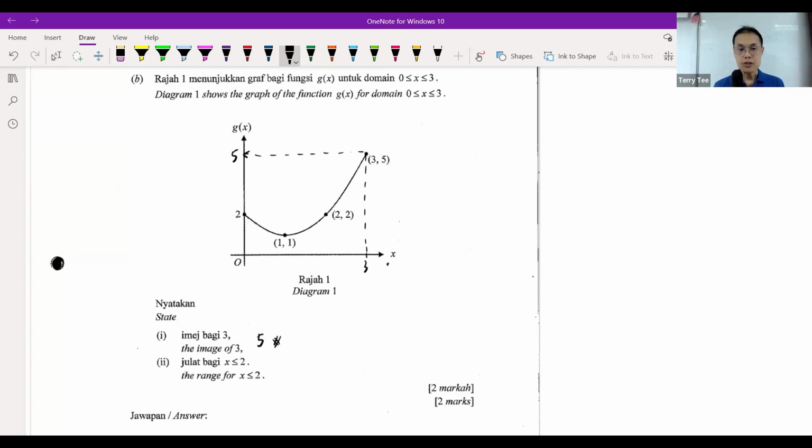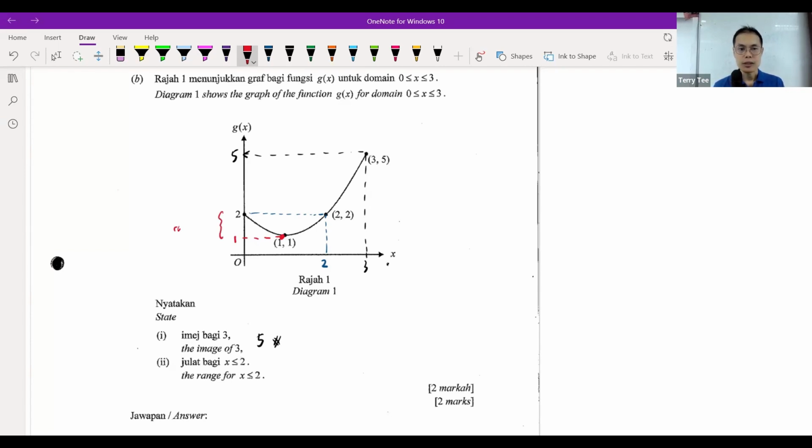Then as for the range for x less than or equal to 2. Now let's look at x, where when your x is 2, your y is also 2. So when it comes to range, we're talking about the smallest up to the largest value of y. Now here my y value is 1. The smallest is 1. The largest is 2.